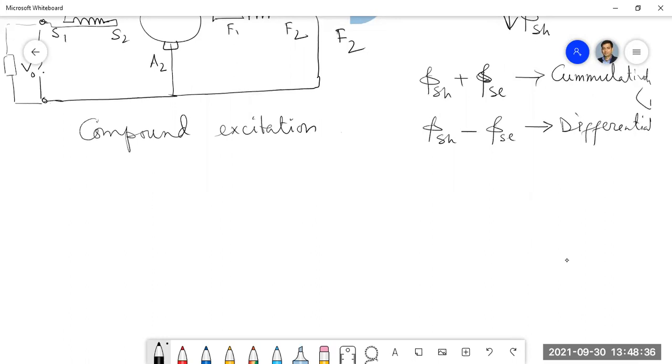And the applications are also huge. For series motor, in railways we use the DC series motor. Railway means local trains, EMU trains, metro railways, trams, and a few other locos also use DC series motors only.